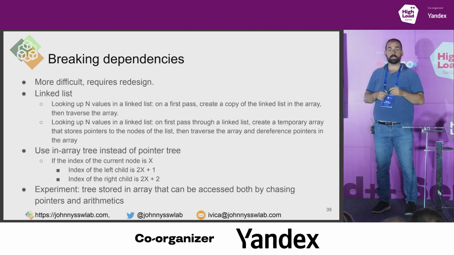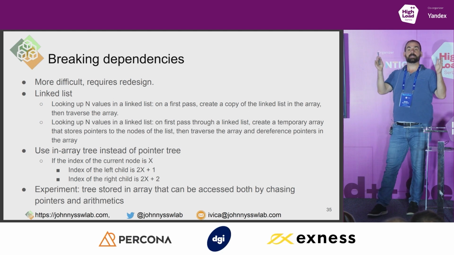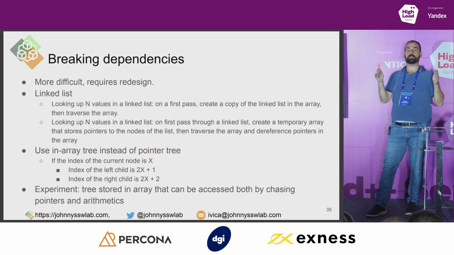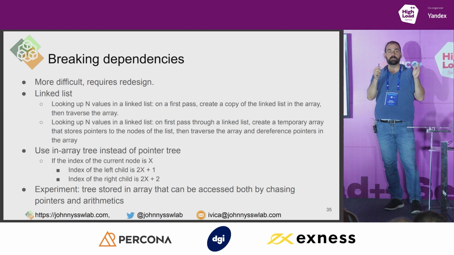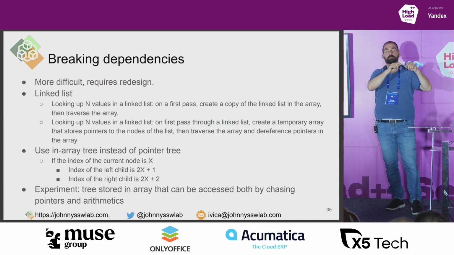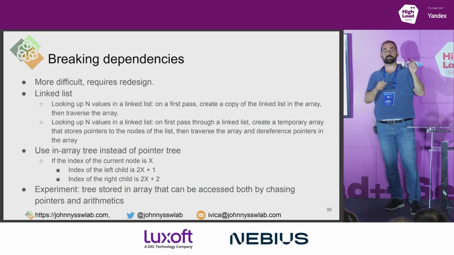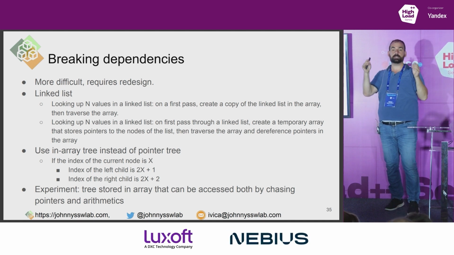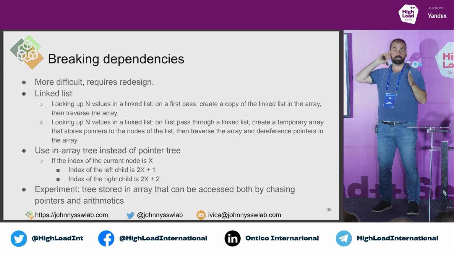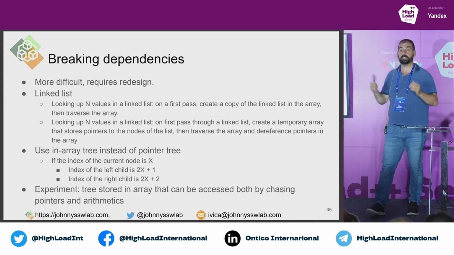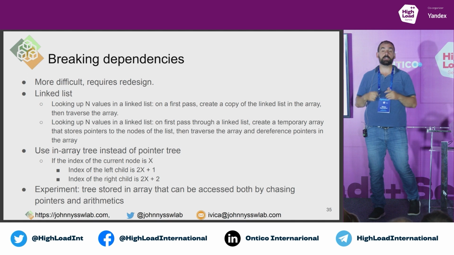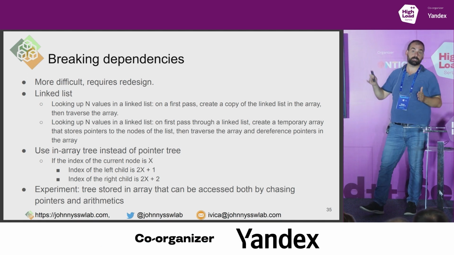Also, you can create a copy in an array, but not a copy of the data: a copy of pointers to the nodes in the linked list. When you iterate like this, you don't have chains of pointers. So this access is also much faster, especially for really large linked lists, because the latency of memory access is much bigger.